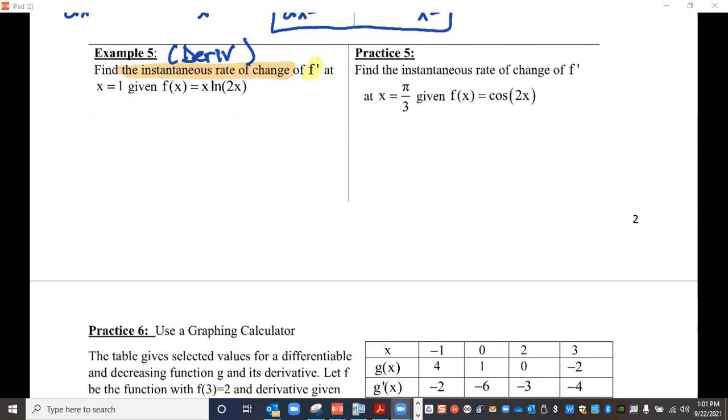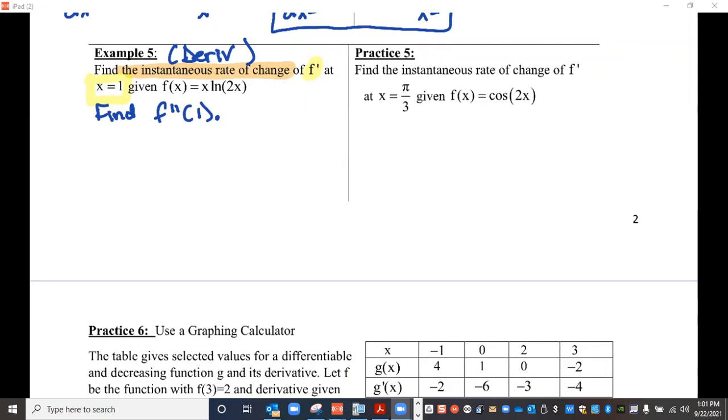If I want to find the instantaneous rate of change of f prime, what derivative do you think we're going to find? The second, and then we're going to evaluate it at x equals 1. So be careful, make sure you know which derivative they're actually asking you to find if they're using that vocabulary, instantaneous rate of change. So we want to find f double prime of x and evaluate it at 1.